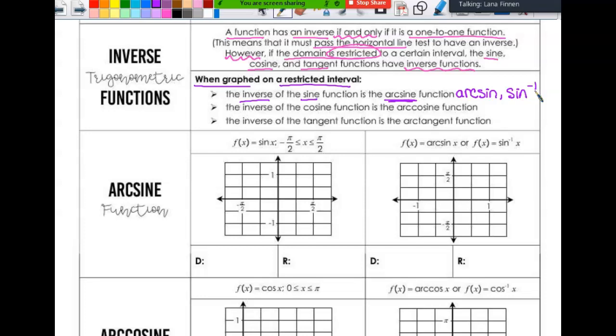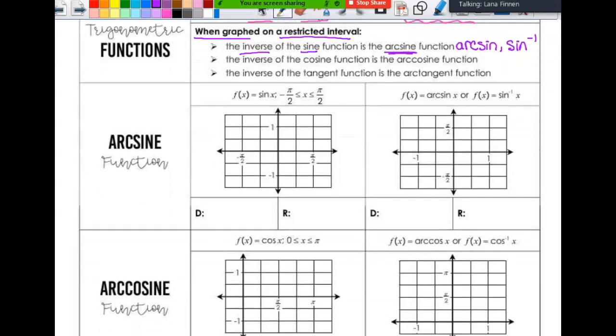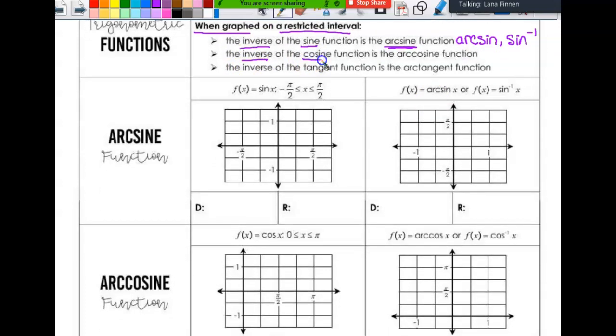The inverse of cosine is the arc cosine, abbreviated ARC COS, or cosine inverse. The inverse of tangent is the arc tangent, ARC TAN, or tangent inverse. They mean the exact same thing, and one's not better than the other.